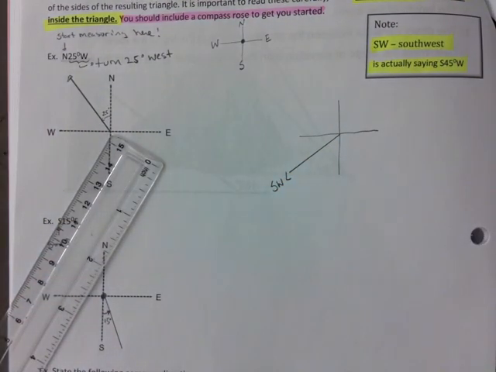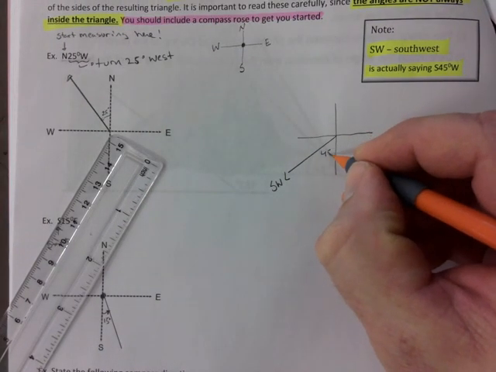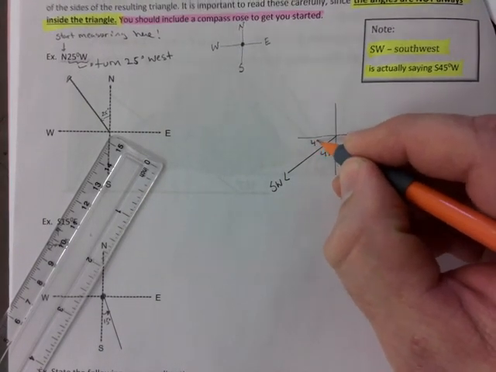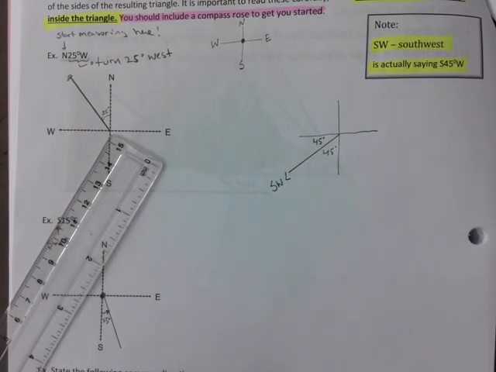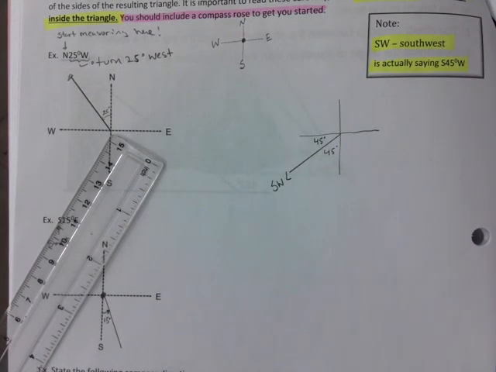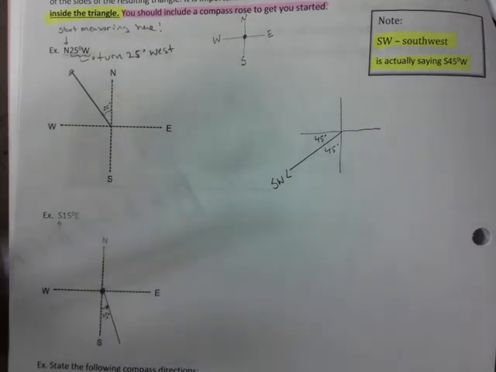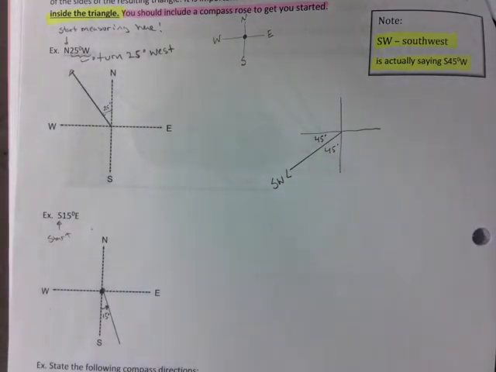We don't even have degrees in there. We just assume there's a 45 degree here and there's also a 45 there. It's splitting that 90 perfectly in half. So with northwest, southeast, northeast, all of those would split it specifically in half. Doesn't happen very often, but now you know.